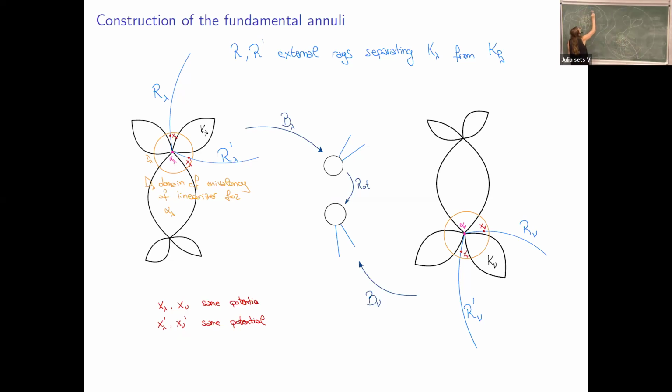This guy goes here. This is the other preimage of this. This guy has a preimage here and a preimage here. This has a preimage here and a preimage here. And this line has the other preimages. One is here. The other one is here. Here. And here. And this is your fundamental annulus, which I will make white.